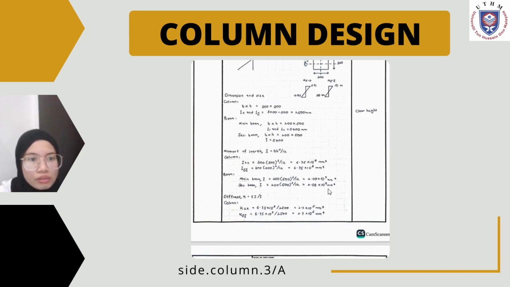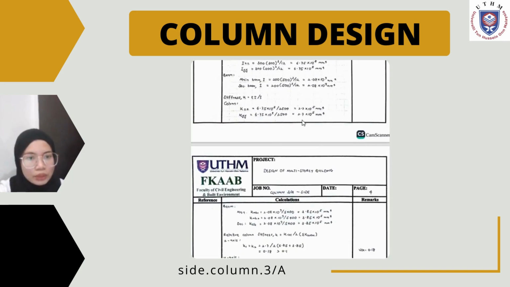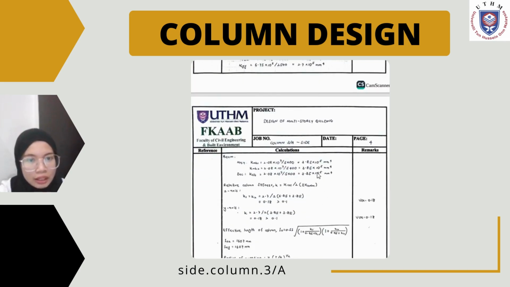The value of stiffness EI per L for column at both axes is the same, which is 2.7 multiplied with 10 power of 5 millimeter power of 4, while at both beam also the same, which is 3.85 multiplied with 10 power of 5.